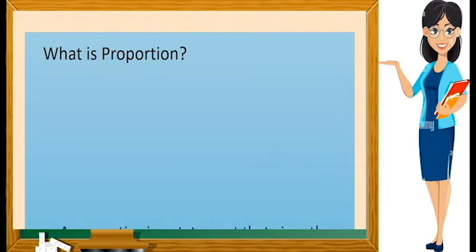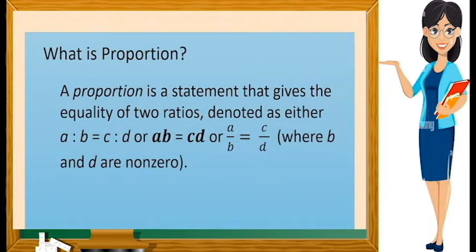Nice answer. A proportion is a statement that gives the equality of two ratios denoted as either A is to B as C is to D, or A:B = C:D, or A over B is equal to C over D, where B and D are non-zero.